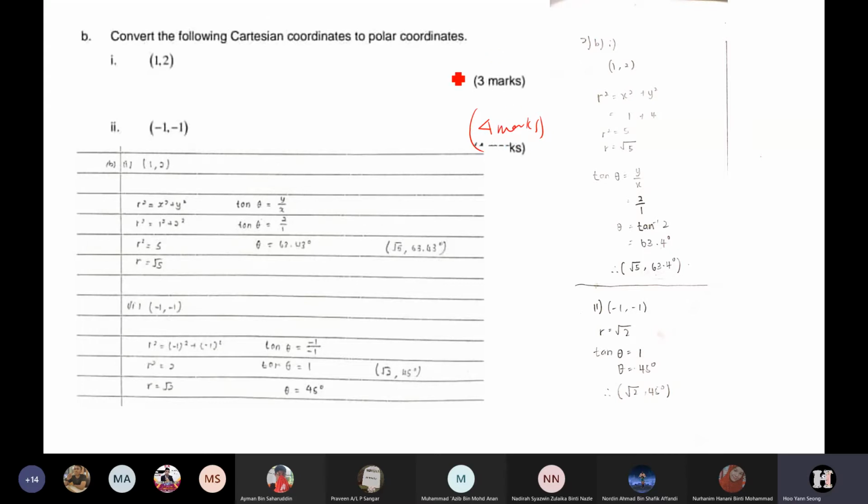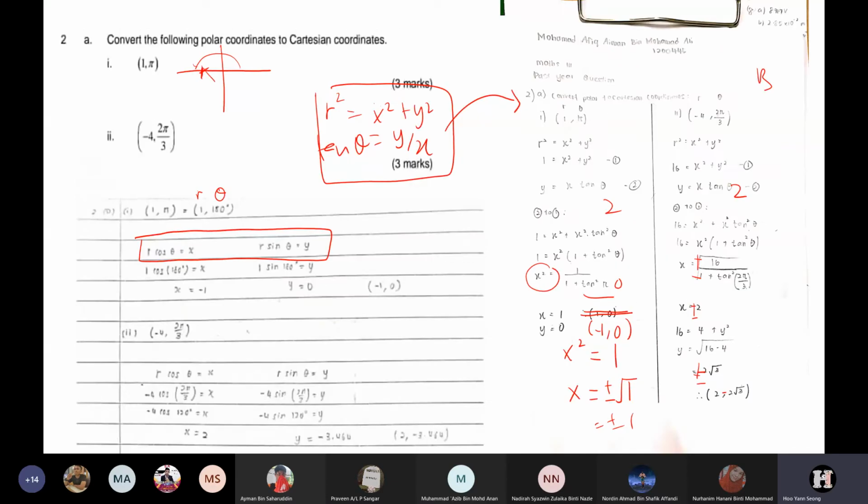Okay, just like there are some papers where the marks given is 10, for example. Sometimes this thing, if the person who set the question, it happened in matriculation, the question is 10 marks, but actually it's only 3 steps.